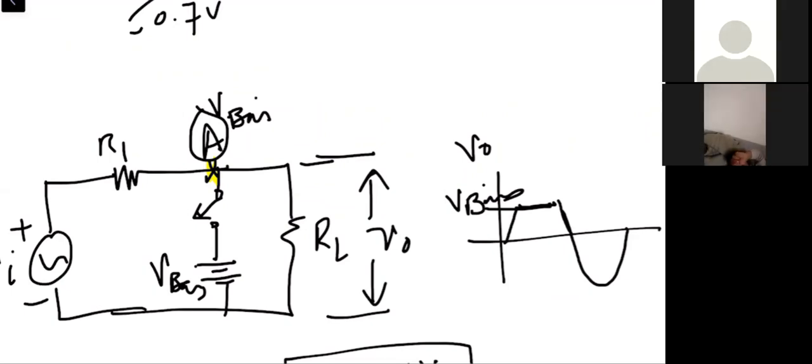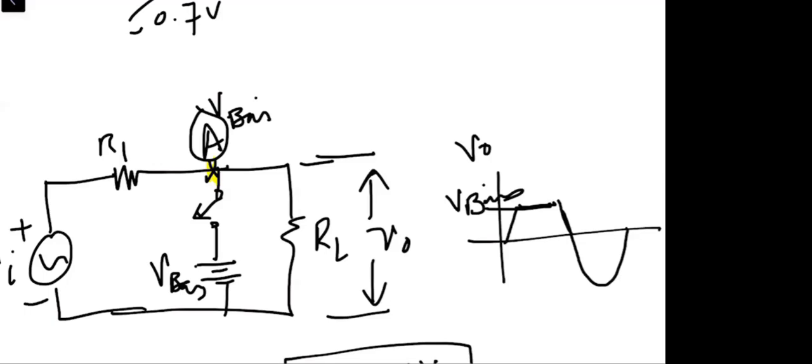But now we will say that the value at point A should reach V bias plus 0.7 volts. Once it reaches V bias plus 0.7 volts, we will have a transition from the off state to the on state over here.